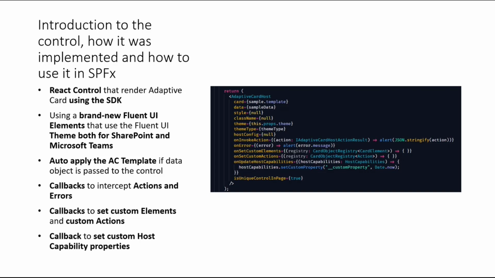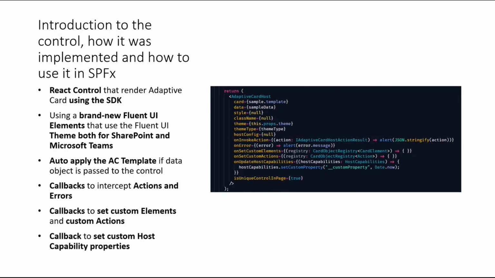If object data is passed to the control, it automatically applies the template: it takes the template of the card and then expands it using the object data. It also implements, of course, some callbacks to intercept actions and errors.